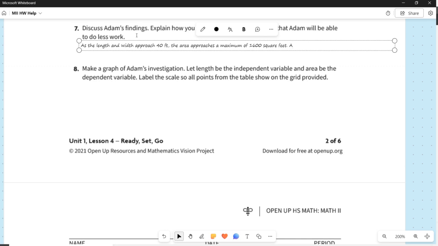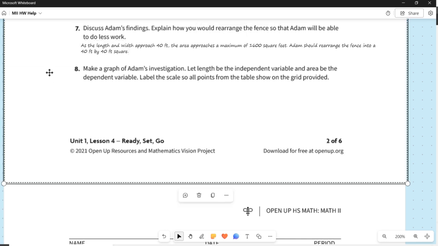And explain how you would rearrange the fence. So Adam should rearrange the fence into a 40 feet by 40 feet square.